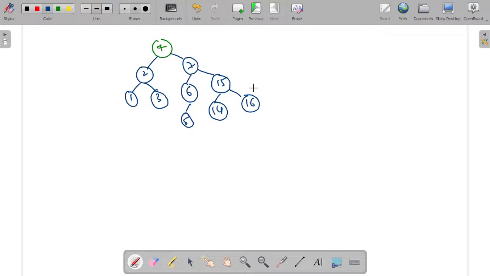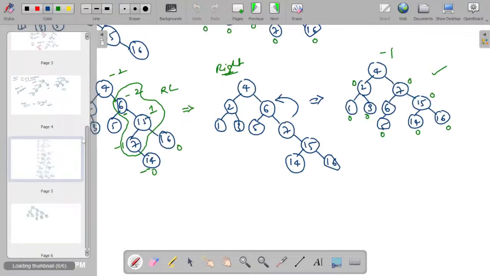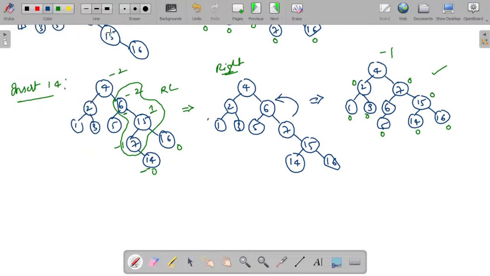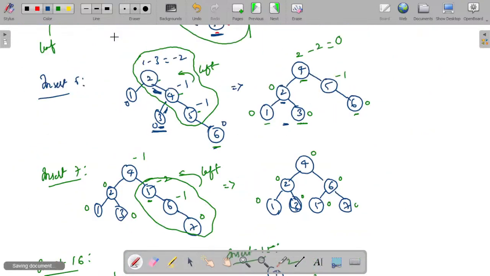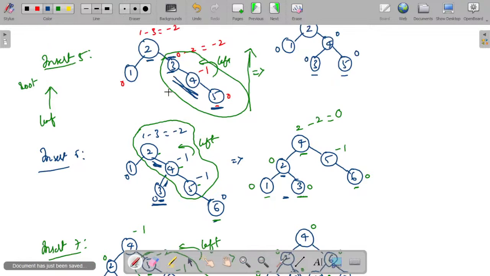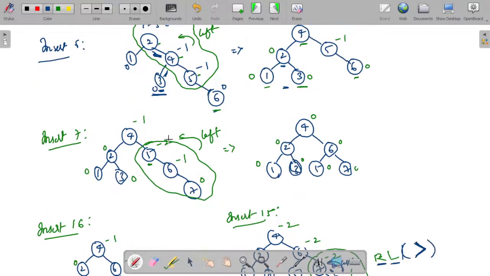I believe you understood how 4 has become a root node. So 4 has become a root node when we inserted 6 into the tree, right? So here if you see, let me just scroll that. So in this step 4 has become root node, and from here on it just keeps going, right?